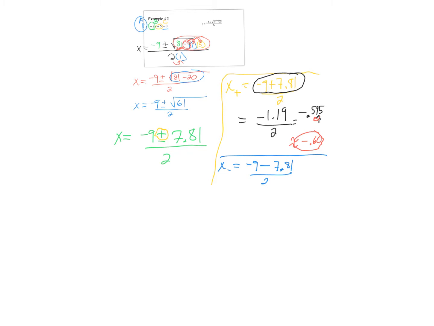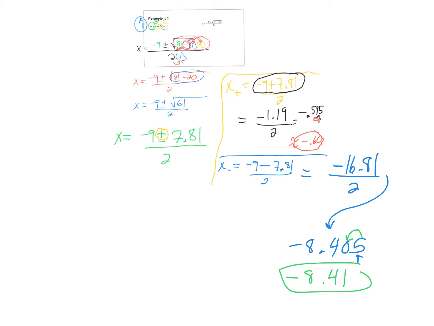So on our calculators, -9 minus 7.81 gives me a grand total of -16.81 divided by 2. So we're going to divide that answer by 2. I'm going to bring the answer down here. We're going to have -8.405. Now, like I said, I normally keep this if it's 3, but if the directions say to round, we're going to send that up to -8.41.